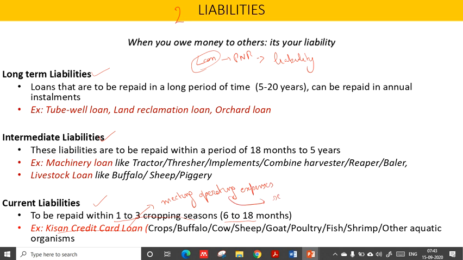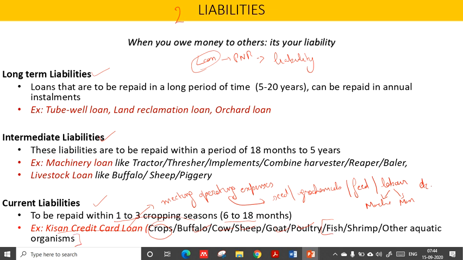Operating means seed and agrochemicals you buy for raising your crops, feed for your animals, and labor of different types, machine, man, etc. Earlier it was given only for raising crops. Now, for the last 2 years, it has started to be given for livestock of all types: buffaloes, cows, sheep, goats, poultry, and also for raising aquatic animals.